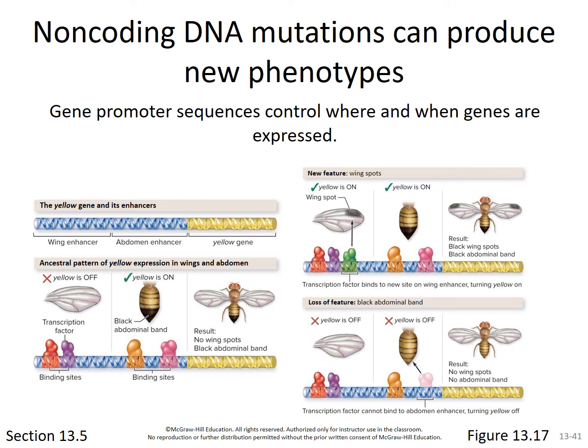So when you move from the ancestral species that's on the left to the species that arise from it, one species has got wing spots because of an addition of a gene to a part of the body, and you have another insect that has a different coloration pattern because of a subtraction from a gene from a part of the genetic code.